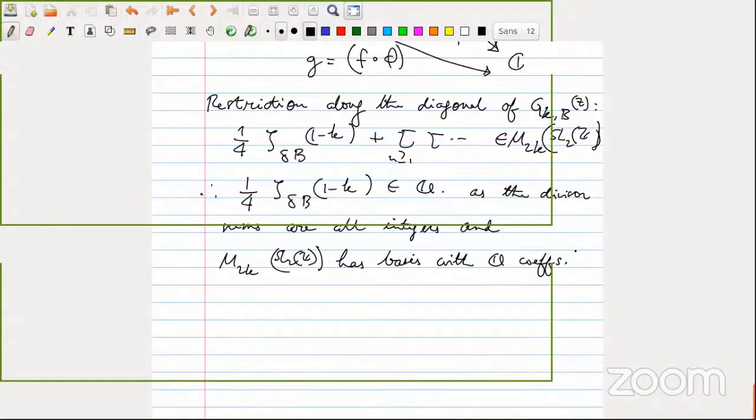So this shows that this zeta value is actually rational.